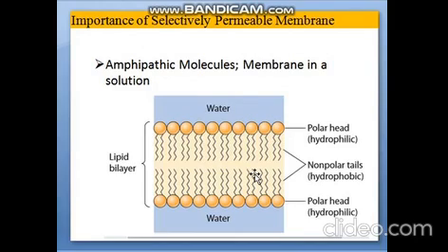This is a great arrangement by nature. If this inner part were hydrophilic, then everything would go in and out of the cell. Here you see it is restricted because of the hydrophobic nature of these tails.